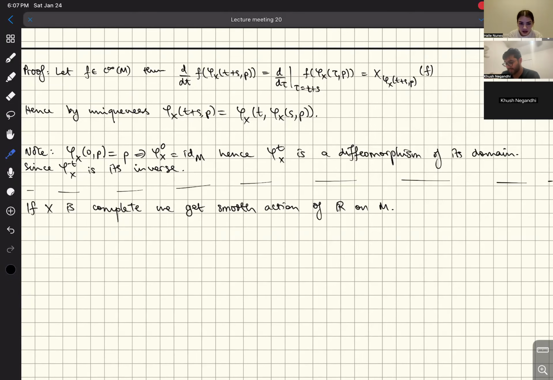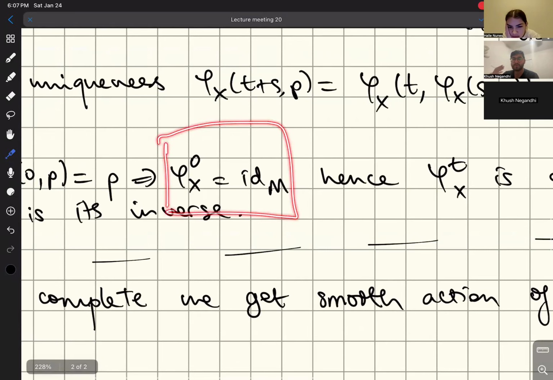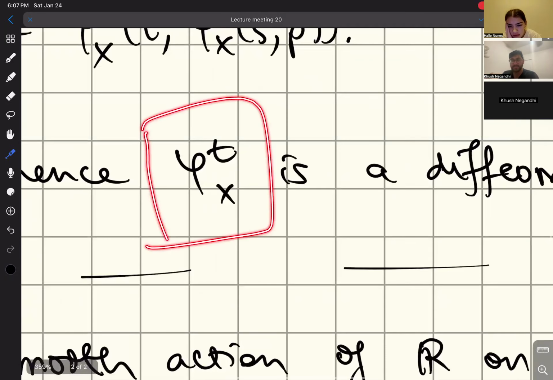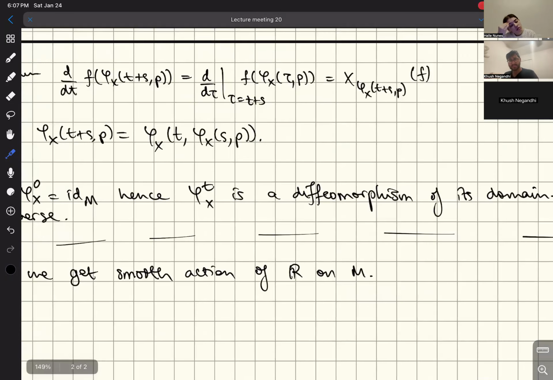So I'm saying that the flow at time zero is the identity function. Now if I fix some time t and look at all the points, where do all the points get pushed? I'm claiming that this is a diffeomorphism.